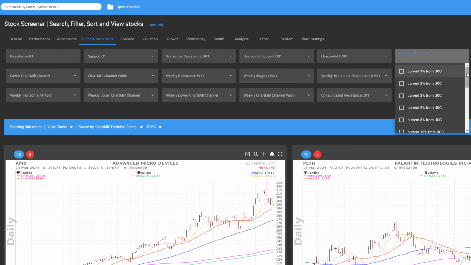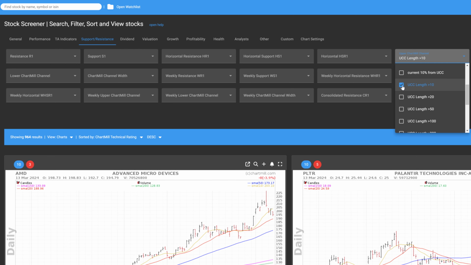The first thing we are going to do is select the length, so I'm going to select the upper ChartMill channel length above 10. That means that the length of the channel has to be longer than 10 trading days, because these are daily charts. And then also the strength, defining the strength above 2.